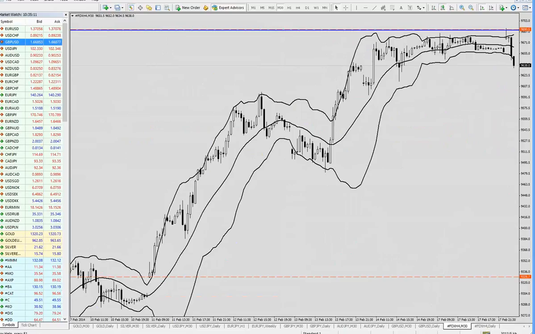What we can expect, of course, is the first support around, as I mentioned, 100 points lower from this place, which has already been tested once. So here is a target.